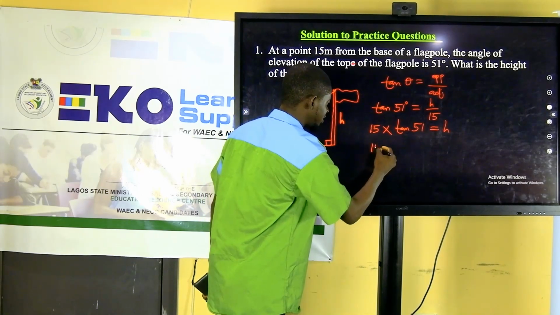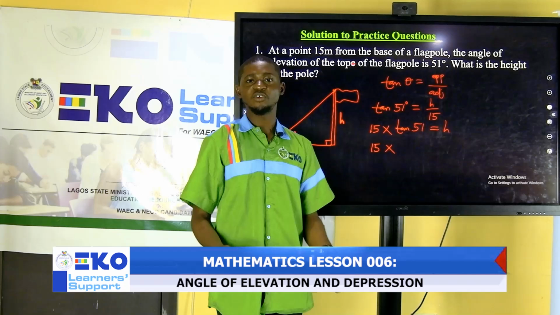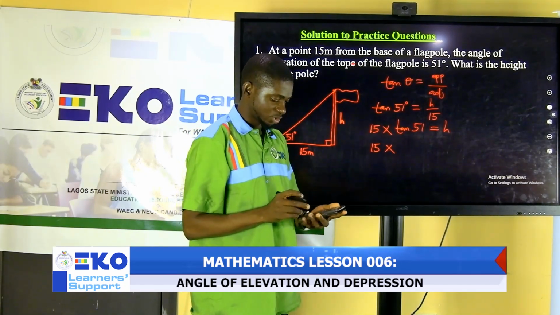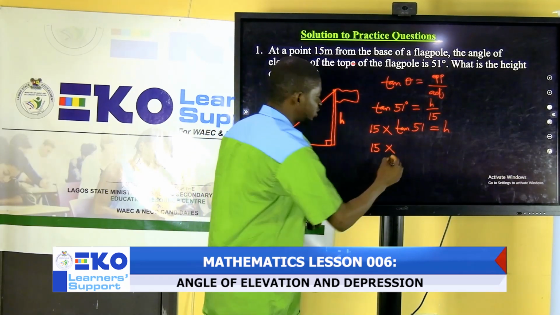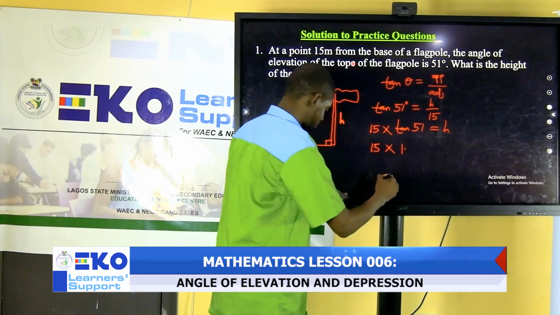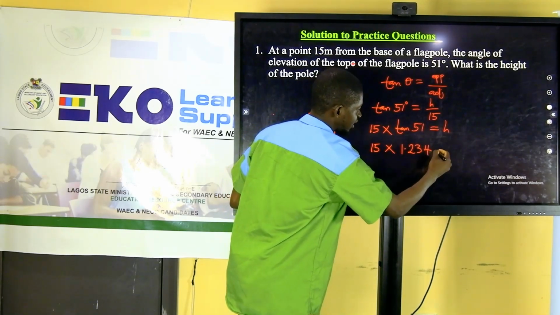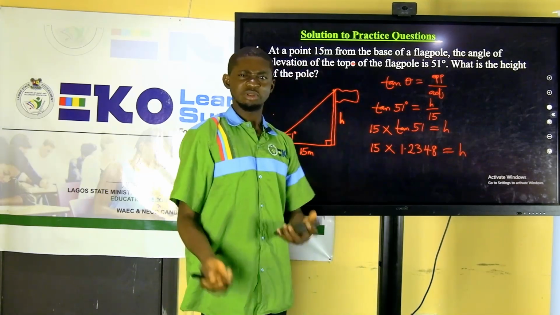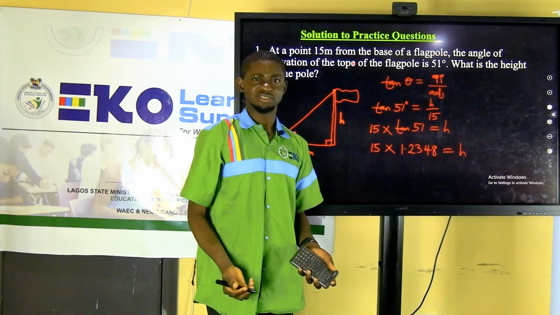Now 15 multiplied by the tan of 51, we check that from our 4-figure table or our calculator. So do that at home so that we'll be on the same side. Tan 51 is 1.2348. If you are using a calculator at home, maybe the first 2 digits is enough for us.